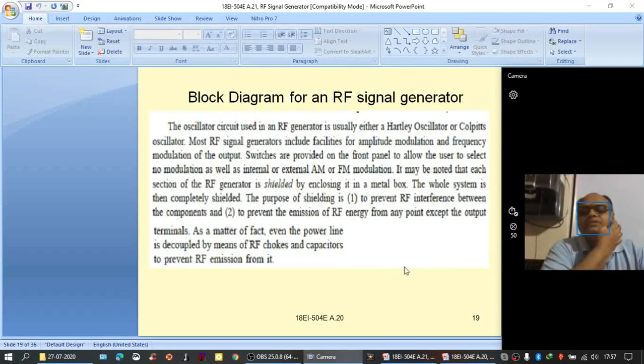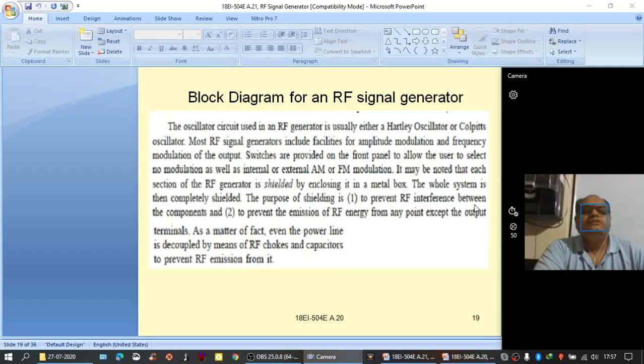Once again, each part is shielded separately, and the entire assembly is also shielded separately. The purpose of shielding is to prevent radio frequency interference between the components and to prevent the emission of energy from any point except the output.